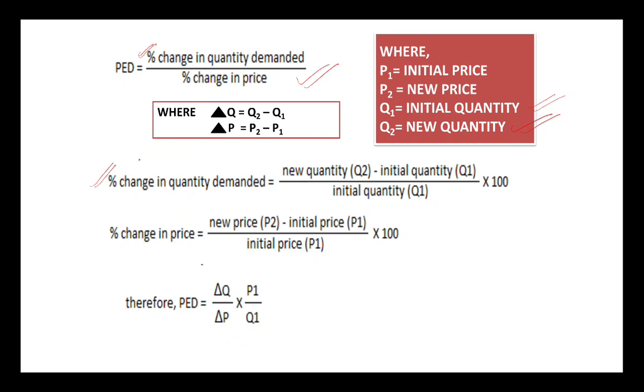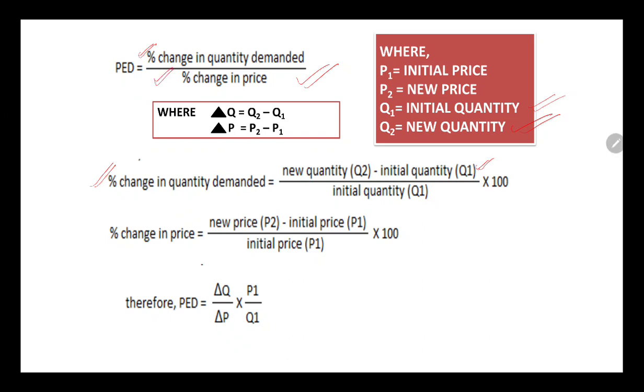Most of us can recall that in maths, in profit and loss, we used to calculate the profit divided by the cost price into 100. Similarly over here, whatever change you are taking will be in the numerator, divided by the initial quantity, into 100.